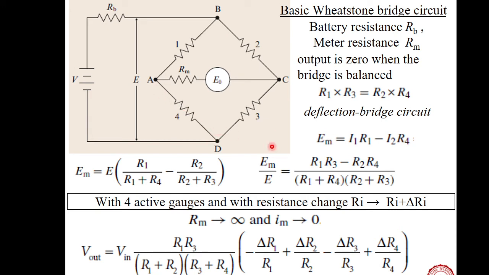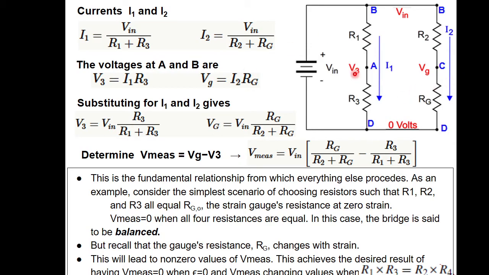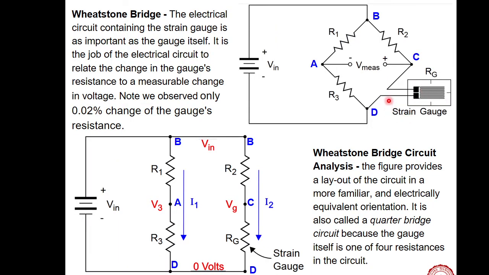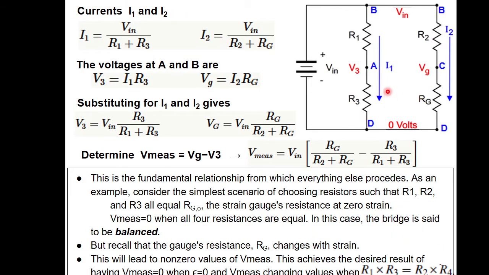Now what happens, this I1 and this I2 refer to the current through resistance R1 and the current through resistance R2. That means here the situation has changed. In this situation it was balanced. So when there was no change in resistance, it was balanced; when there is a change in resistance, this V3 and Vg are not balanced.